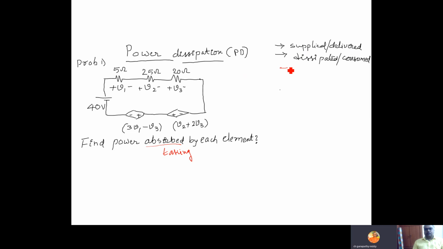So we come across another word, store. Inductors and capacitors store, a resistor dissipates. Absorb is a common, general word.